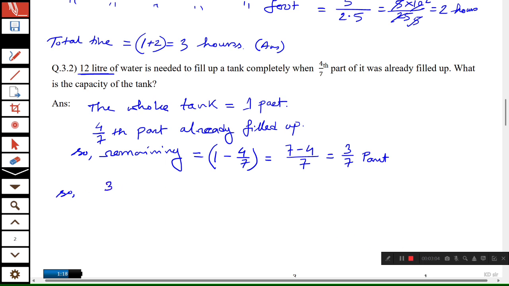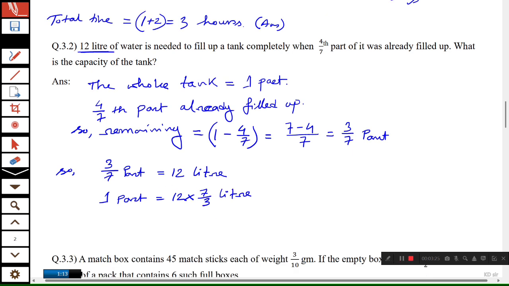So this 3 by 7 part is equal to 12 liter. So 1 part equal to 12 divided by 3 by 7. We may also multiply by the reciprocal. So 1 part equal to 12 into 7 by 3 liter, 28 liter. So this is the answer, because 1 part is the whole tank.